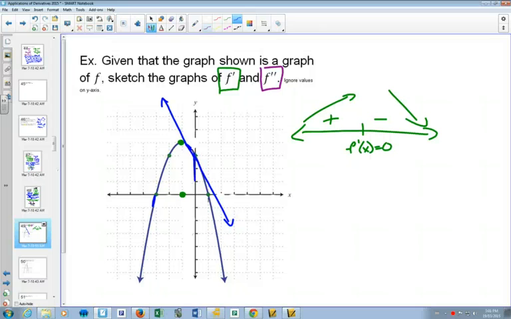If I count down 2 over 1, I might say that the slope there is -2. That's just an estimate. But if I say that the slope at this point here is -2, that means that -2 would be on my graph. And if I assume that's an x squared graph, that makes my derivative graph a straight line, which would look like that.